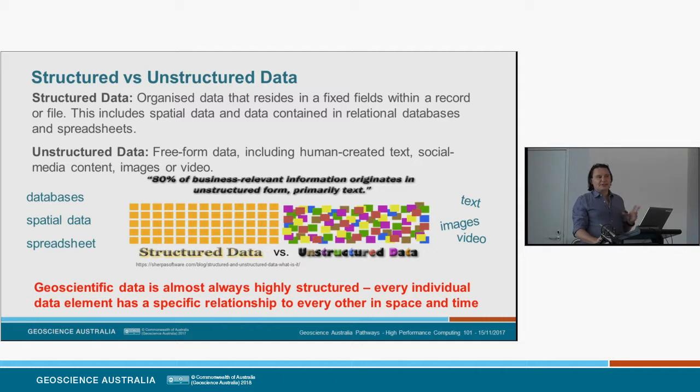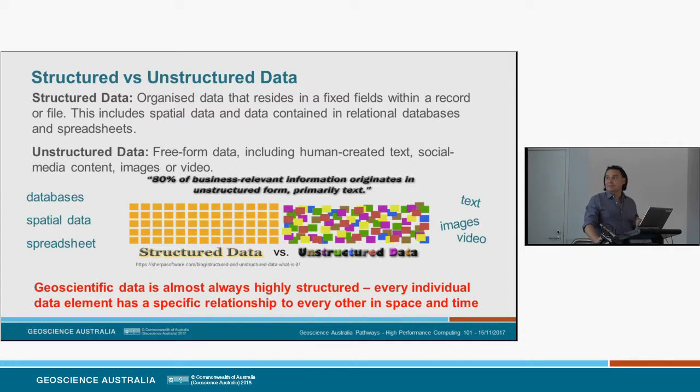Now, Earth observation data is often looked at as images, but it's actually very highly structured data because every pixel in Earth observation represents a patch of dirt. So all geoscientific data, or pretty much all geoscientific data, is highly structured. Every data point has a specific relationship to every other data point.